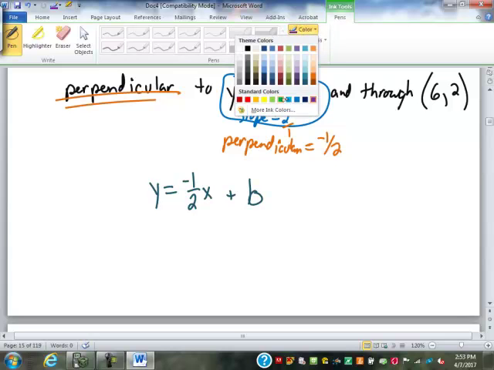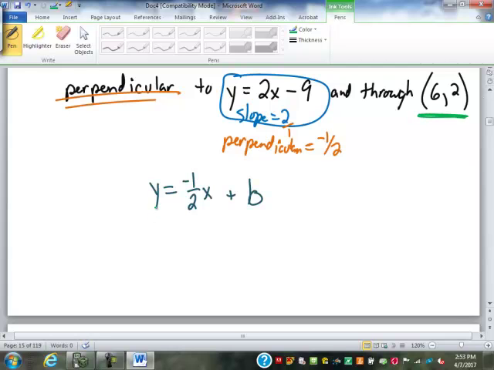Then we're going to put in our coordinates 6, 2. What goes in for y? 2 equals negative 1/2 times 6, and then plus b. So then what? Perfect.